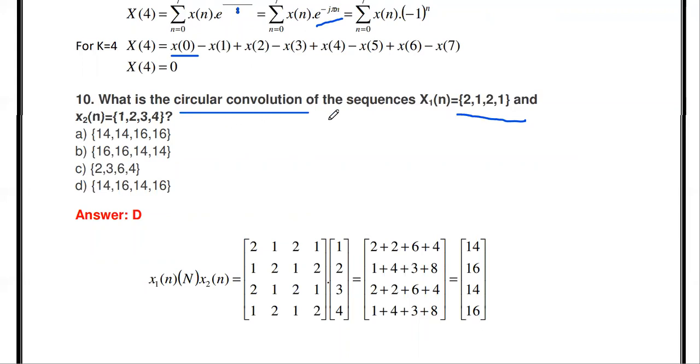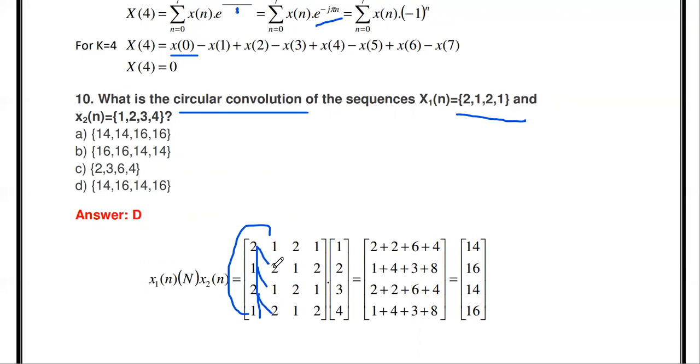To perform the circular convolution, the first sequence x1 of n, 2 1 2 1, you just write column-wise. First you write 2 1 2 1. Then the next column is written by giving the last element to the first position, and the remaining 3 values you just write, so 2 1 2.